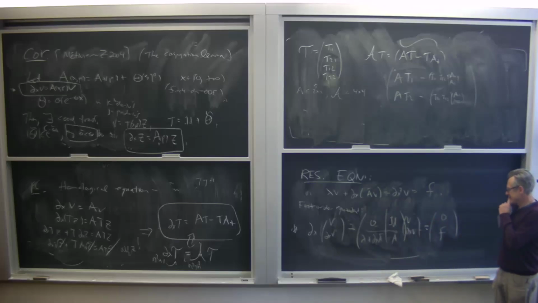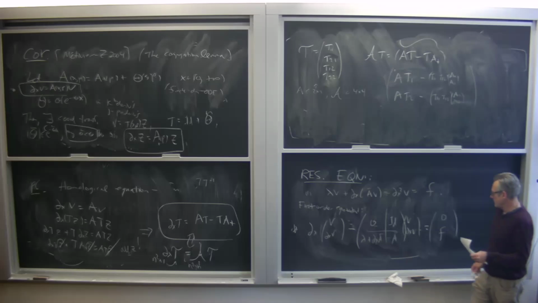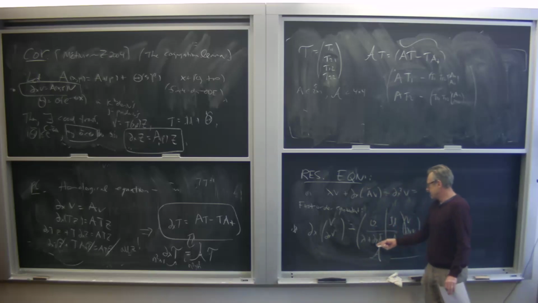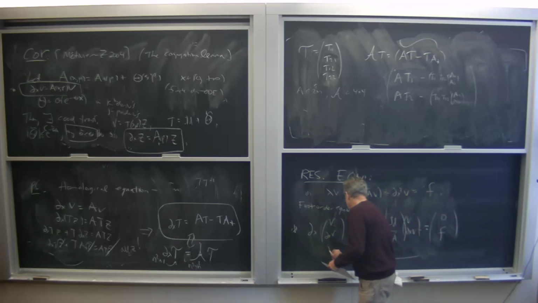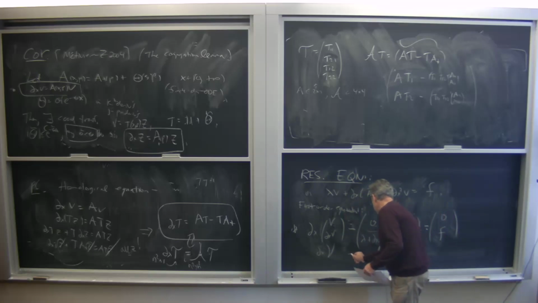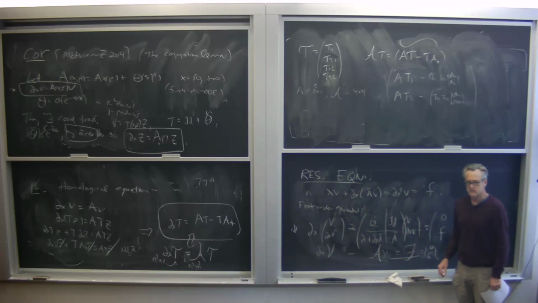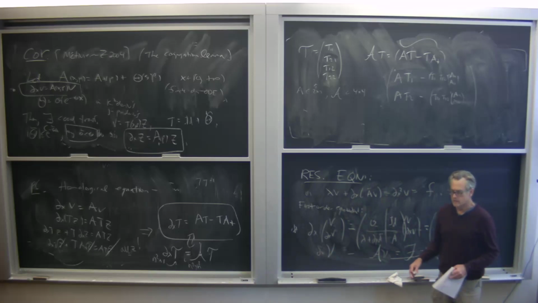That's the usual trick. Even though it's not the same as the previous lifting, I'm just going to call this script A, and we'll call this script V, or minus script VA is script F, and script F is 0, little f. It has a special form, but it doesn't matter for what we're going to do.